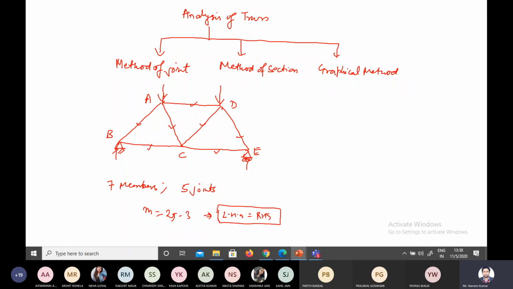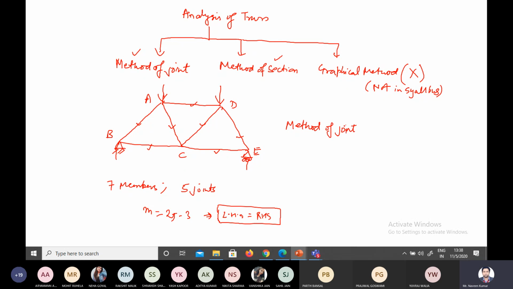Now see, what does analysis mean? We have to use 3 methods, and one method is not in your syllabus, but I just explained that there are 3 methods for analysis. You are to concentrate only on these methods: method of section and method of joint. So I will write here where we have to use method of section and where we have to use method of joint.